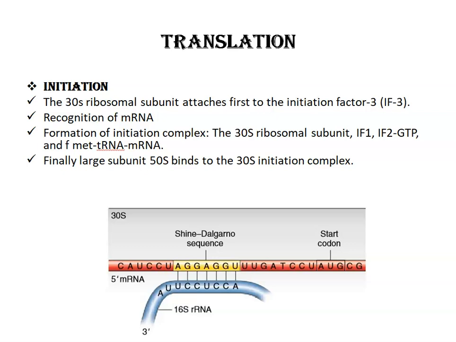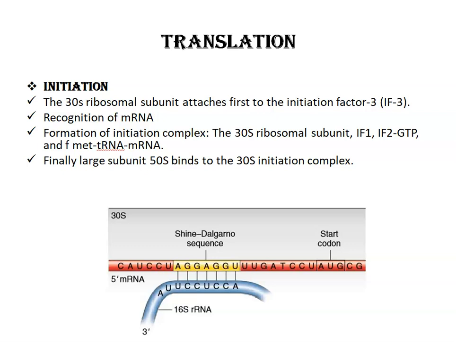At this stage the 30S ribosomal subunit, IF1, IF2, GTP and fMet-tRNA with mRNA form the initiation complex. And finally, the large 50S subunit binds to the 30S initiation complex, and this attachment is mediated by GTP hydrolysis, and all three initiation factors are released.